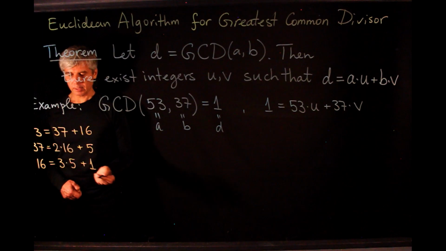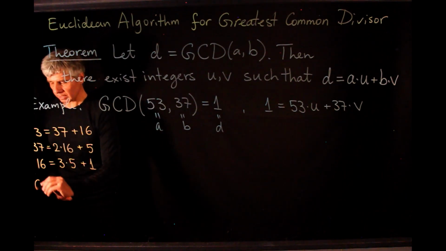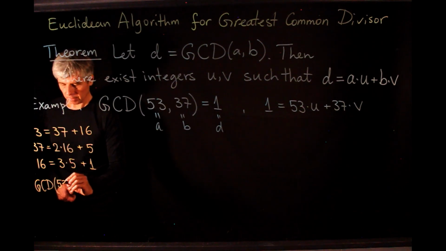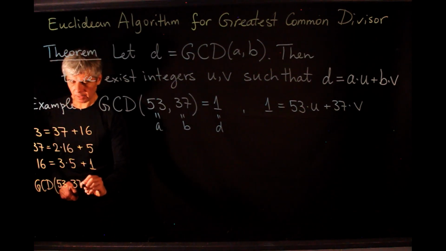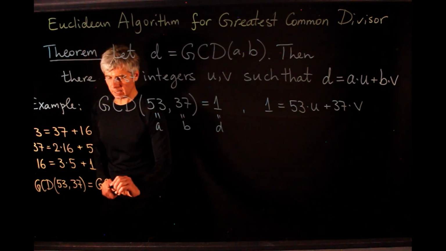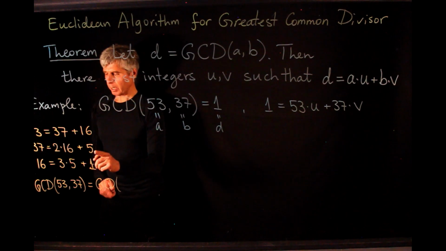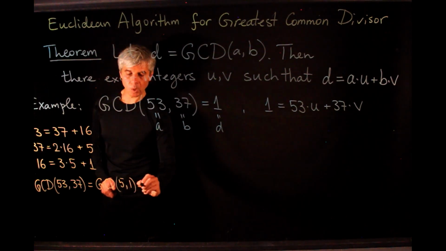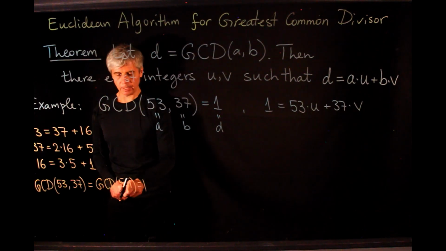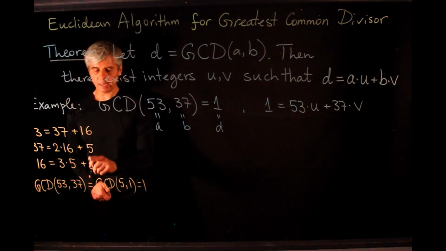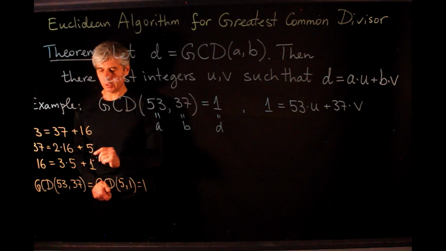Now, at the end of the day, this tells us that GCD of 53 and 37 is the same as the GCD of, well, our last pair, 5 and 1, which is 1, because anything is divisible by 1. So if we get 1 as our remainder, then 1 is going to be the value of the GCD.